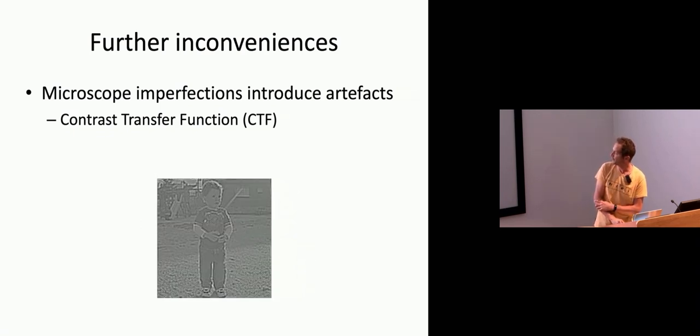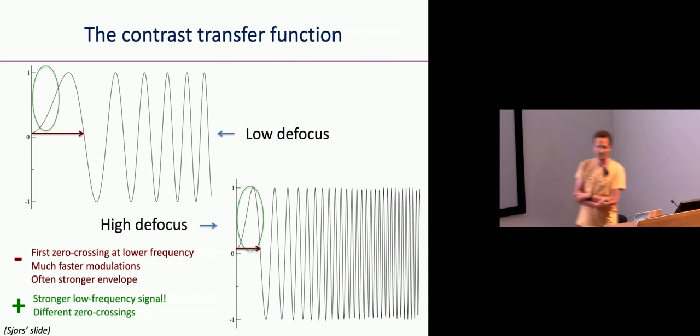And as said, all this is described in Fourier space by a multiplication with the contrast transfer function. I won't go into much of the detail, but it's a sine-shaped function. We'll get back to that. And as you've heard from Giuseppe this morning, at the microscope, you'll probably want to collect at various defocus, because different defoci will make the zero crossings of the sine function happen at different positions.